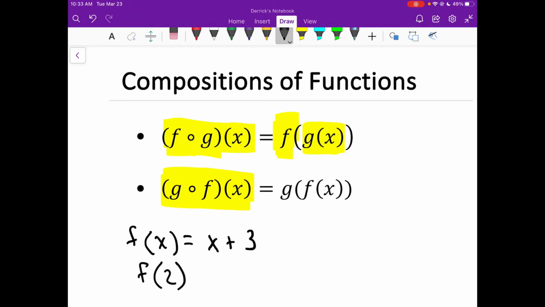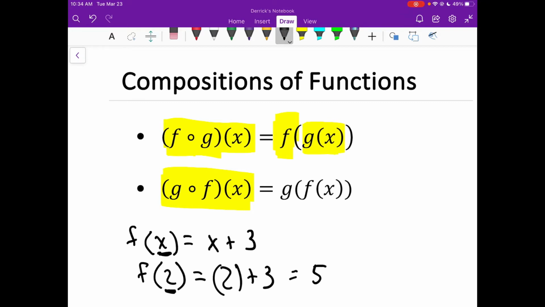You were taught that since you had x in the parentheses, and now 2 is replacing x in the parentheses, that's the equation's way of telling you it wants you to plug 2 in for x, replace x with 2, and then see what you get. So you would take 2 plus 3, which would give you 5. Right? That's the way that works. If you have f of x equals x plus 3, then f of 2 is 2 plus 3.